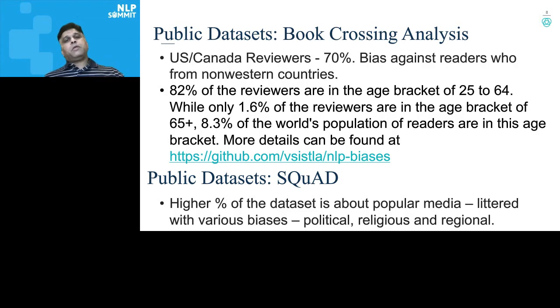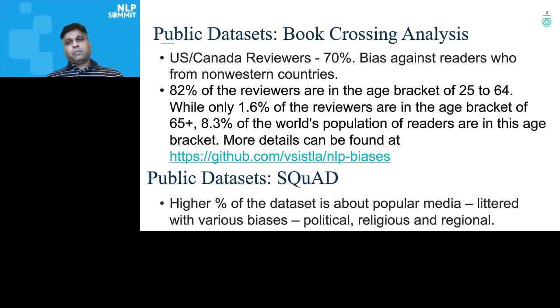So now that we established what are biases and biases exist in NLP, I want to give a couple of examples in the interest of time using two popular data sets and talk about the potential biases that data set could contribute into the models that are built on those data sets.